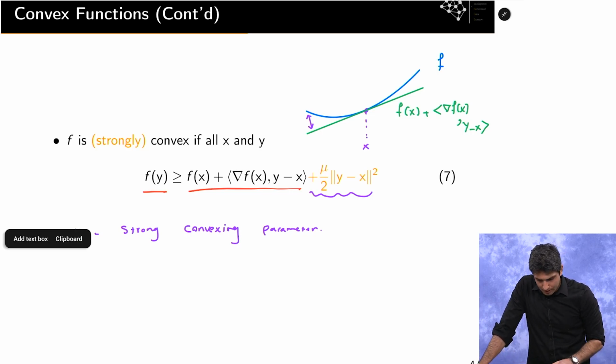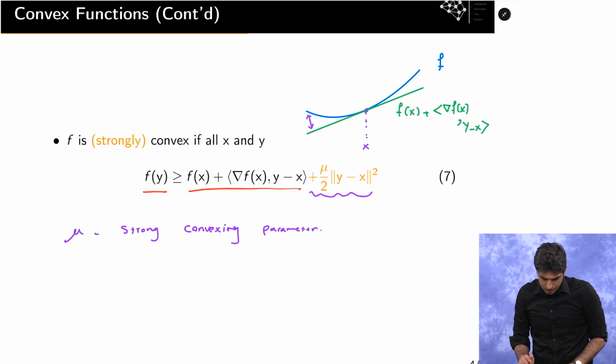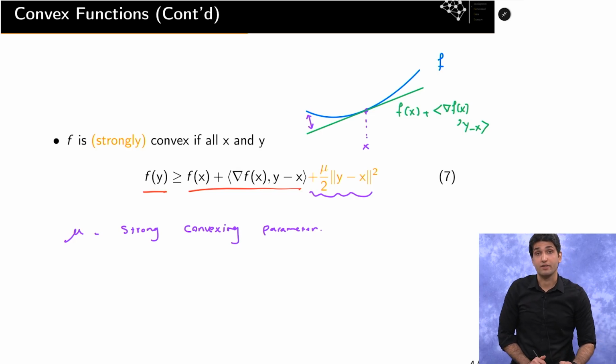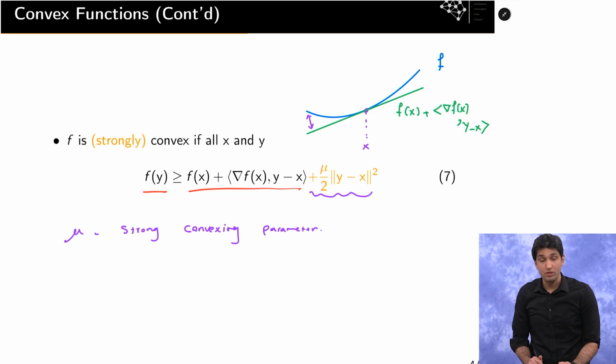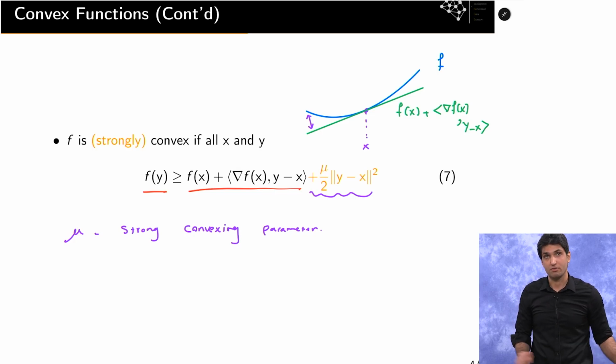Okay. Now, one thing I want to mention here is that this definition is typically easier to work with than the first one we saw in the previous slide. But this also requires that your function is differentiable, okay? Whereas the previous one didn't. It only involved function values.